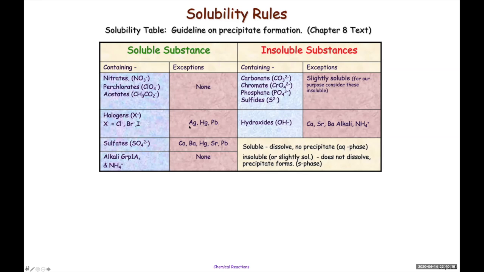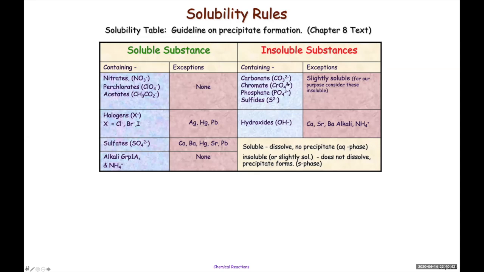Then you don't get it dissolved in water, you get a precipitate. Okay, that's the exception. Sulfates are generally soluble except when you have calcium sulfate, barium sulfate, mercury sulfate, strontium sulfate, or lead sulfate. Group 1, if it contains any type of group 1 element, sodium, potassium, lithium, or ammonium, it's always soluble. There are no exceptions.